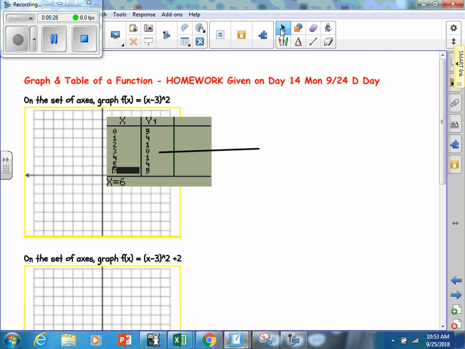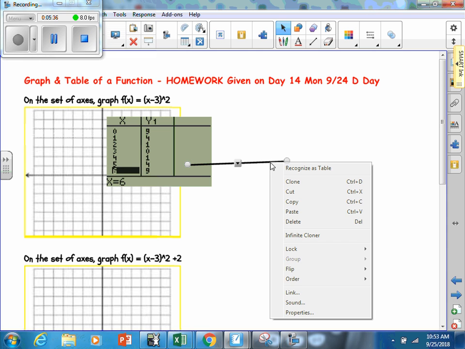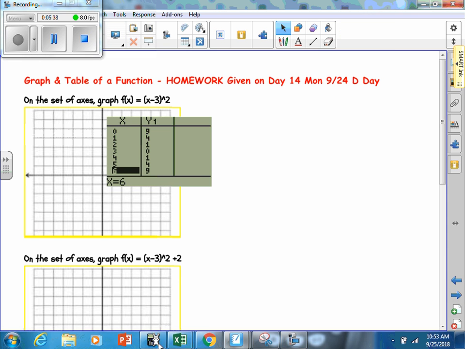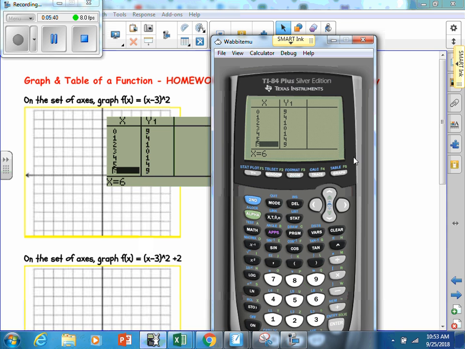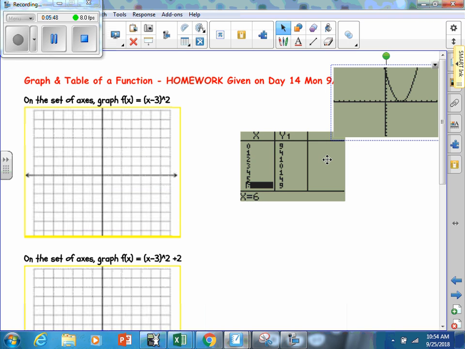Okay. I'm going to undo that. Get rid of that. Bring my calculator back. Let's take a look at the graph. Here's my graph. Slide this over here. Let's plot some points. Okay, so first point I want to plot, I'll change the color here, is my lowest point.